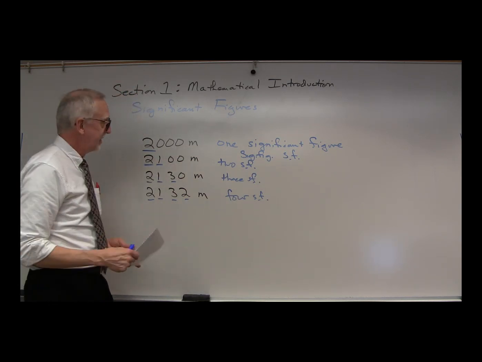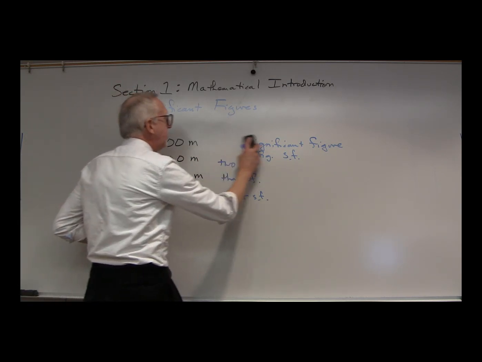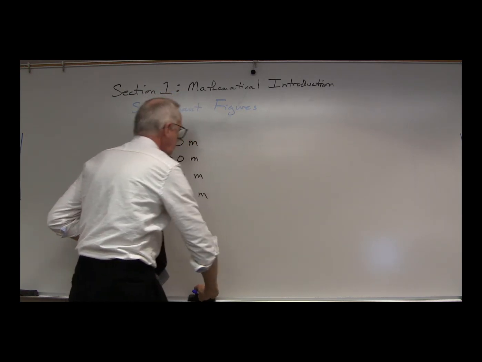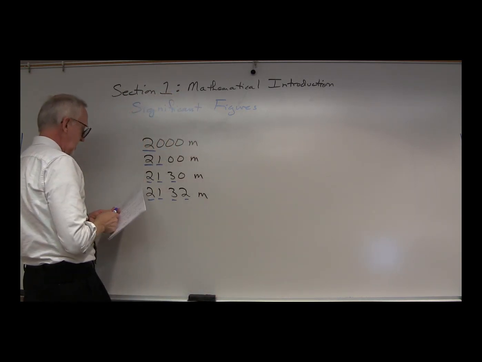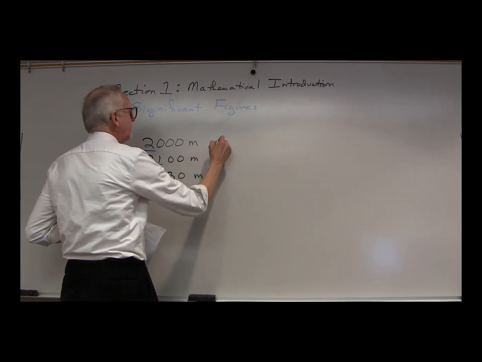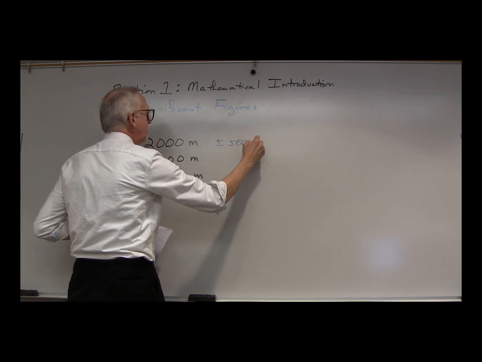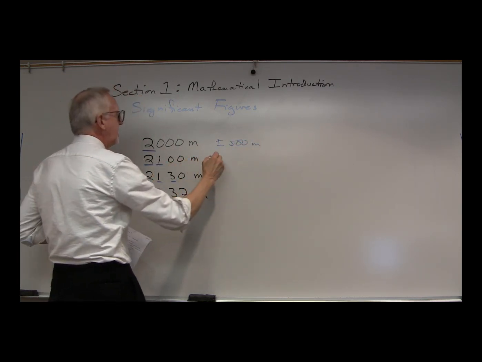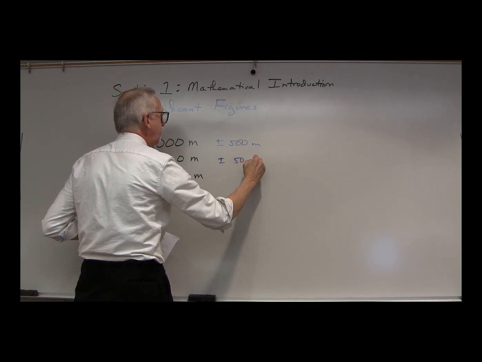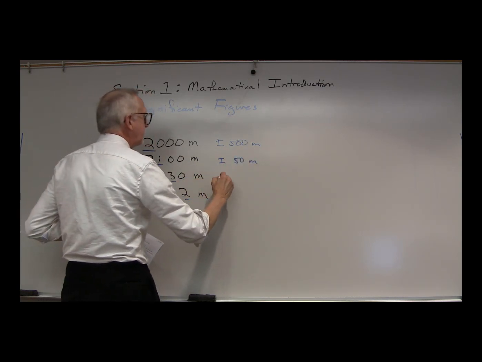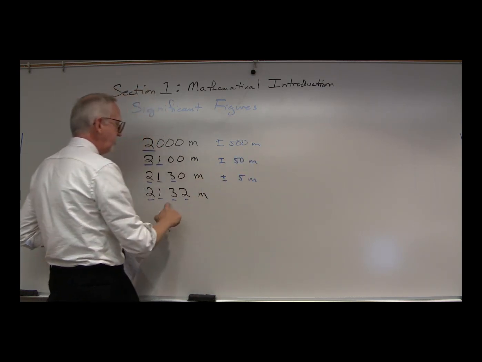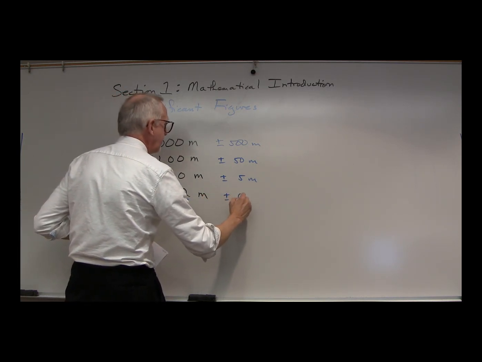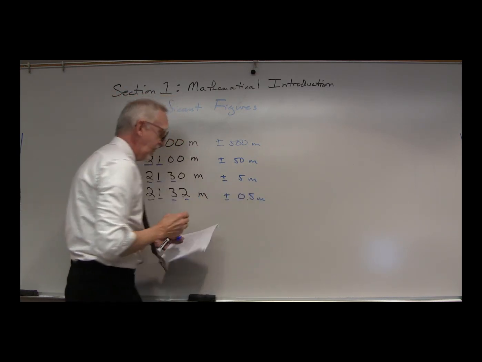that quantity has. Now, let's keep in mind, what do we mean by these numbers? This would be, say, plus or minus 500 meters. This would be, say, plus or minus 50 meters. This one would be plus or minus 5 meters. This would be plus or minus 0.5 meters.